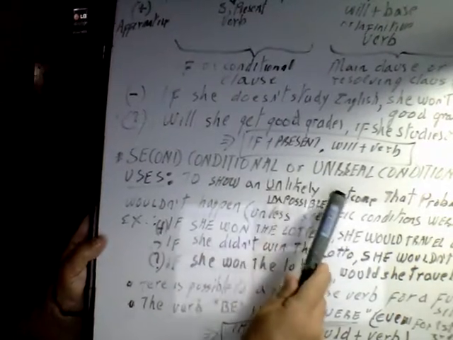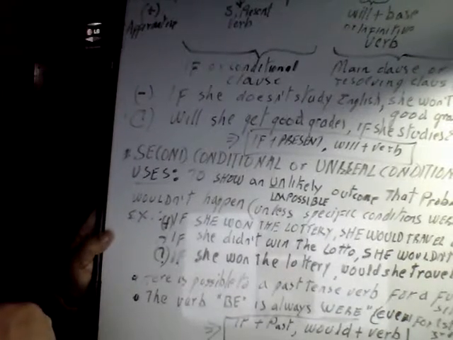Now, to talk about the second conditional, or unreal conditional, we use it to show an unlikely or impossible outcome that probably wouldn't happen unless specific conditions were met.